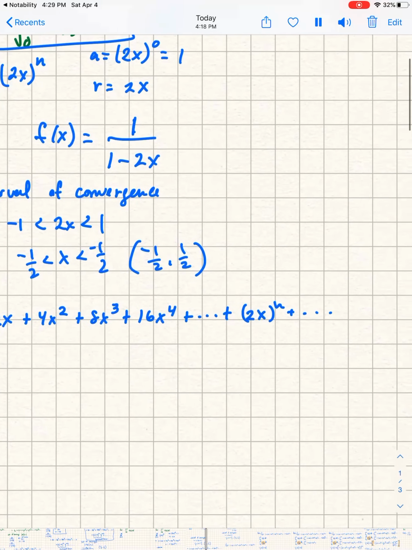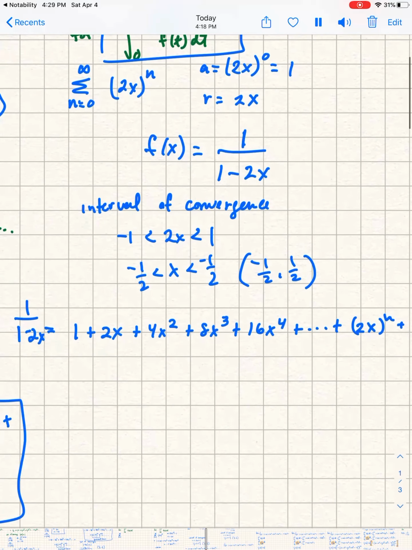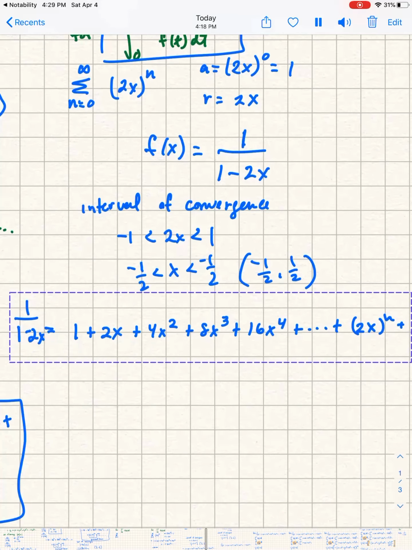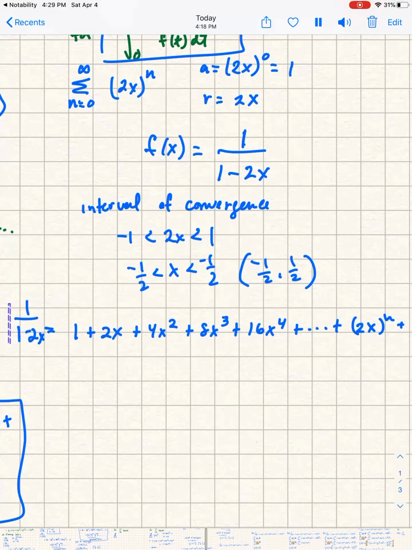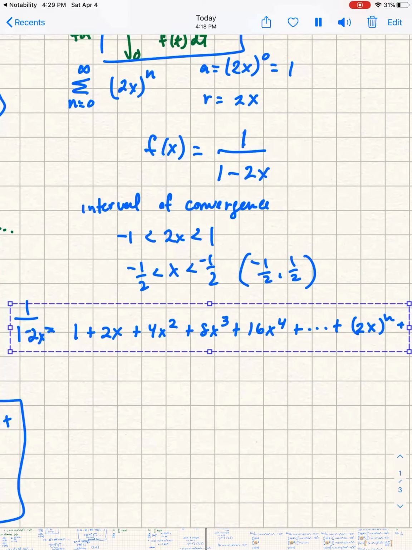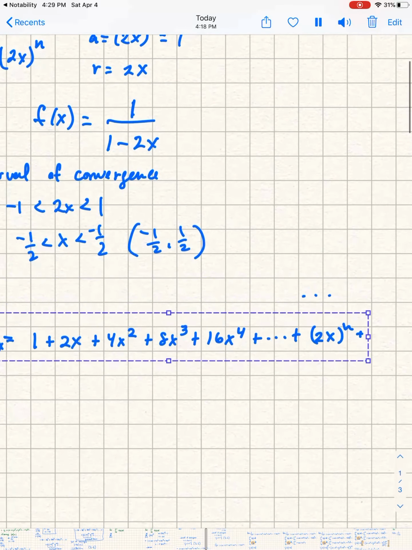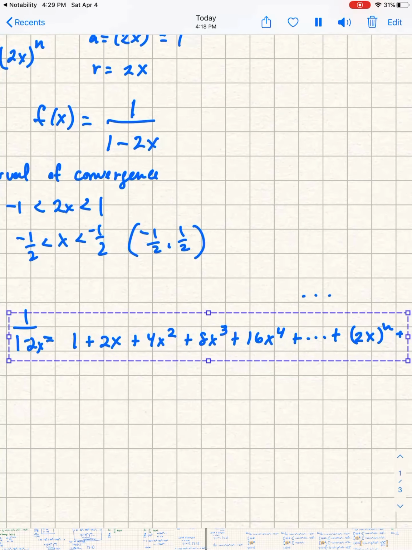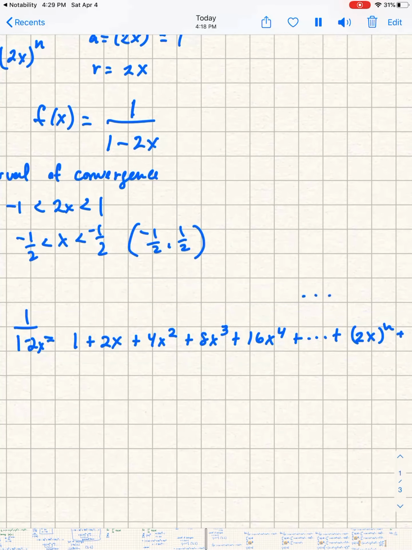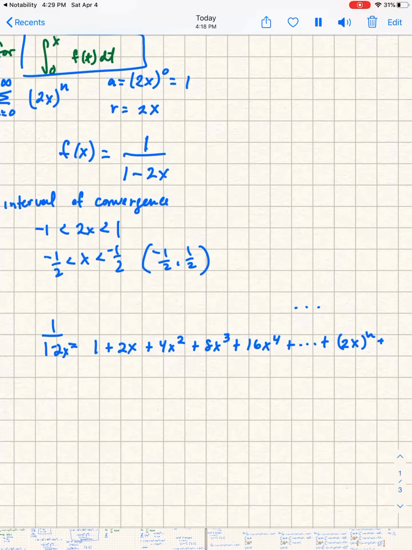I have room on this side. Let's move this whole thing. All right, cool. So let's take the integral of this whole thing.